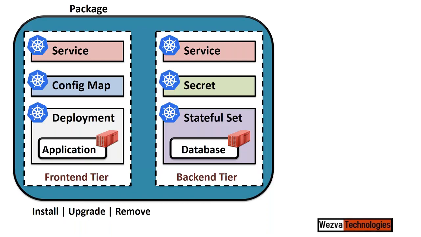So wherever I want, I can just go ahead and install, and Kubernetes should be able to get all these things up and running. So we have to think about how to put these components together as a package, which is what we call packaging management in Kubernetes.